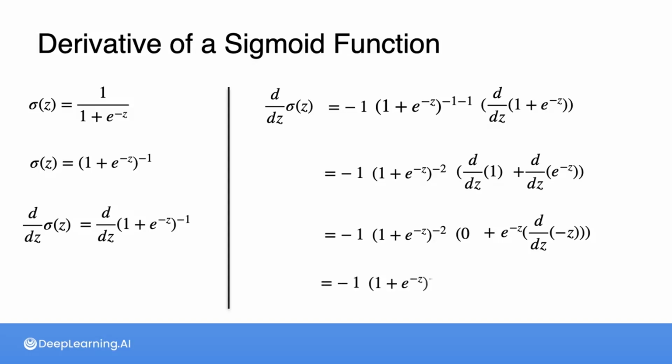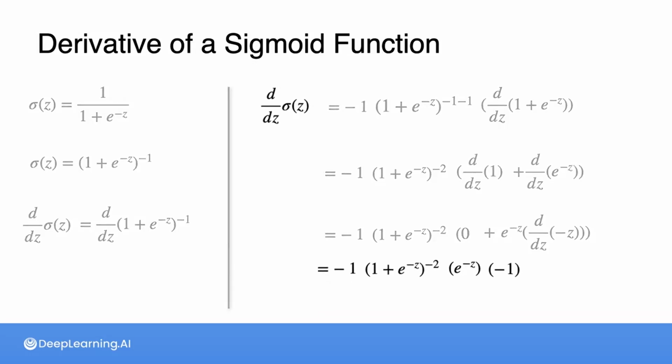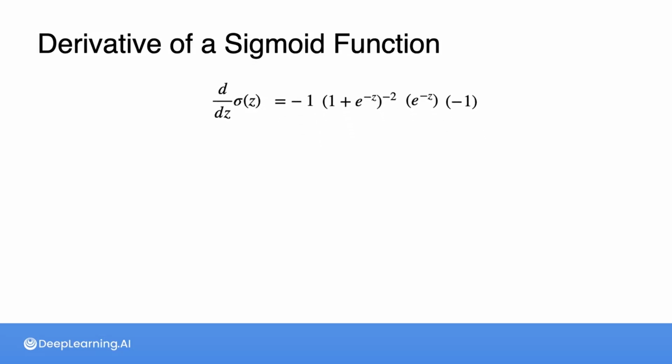And that last part is going to be minus 1. So we're about halfway there. Notice that this negative 1 gets cancelled with this negative 1, and we have 1 plus e to the negative z, to the negative 2, times e to the negative z, which is this.